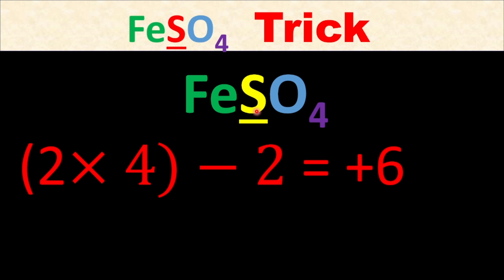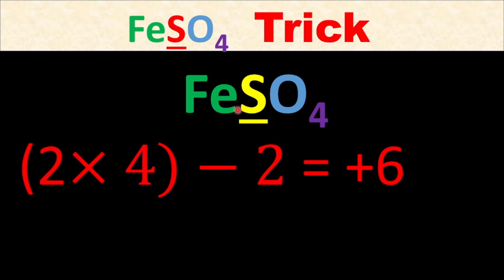Let's take more. We have FeSO4. The underlying element is S here. Now we want to calculate. 2 times 4 here will give us 8. Now the question is, how do we know the charge for Fe, because it wasn't part of the first 20 elements? Yes, that is why I gave you a takeaway. I said SO4 equals minus 2.